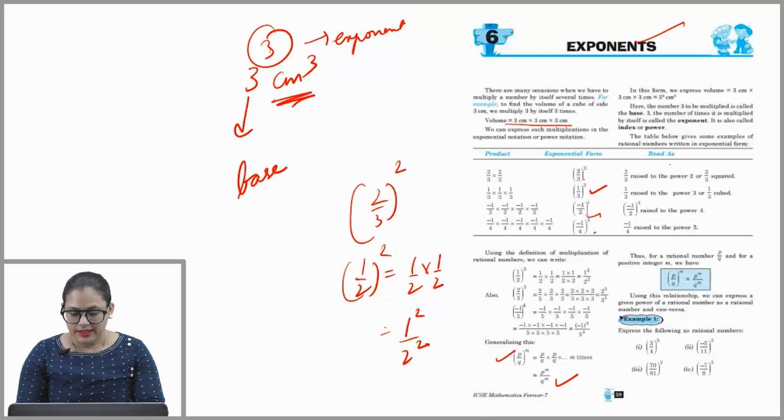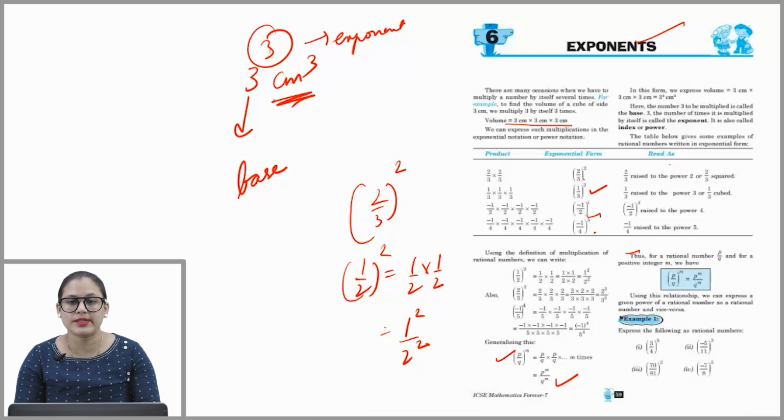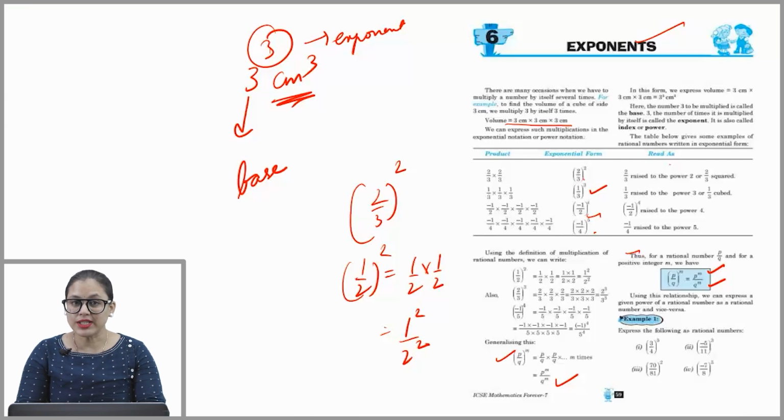Thus for a rational number p by q and for a positive integer m, we have p by q raised to the power m, or you can also write p raised to the power m and q raised to the power m. So using this relationship, we can express a given power of a rational number as a rational number and vice versa.